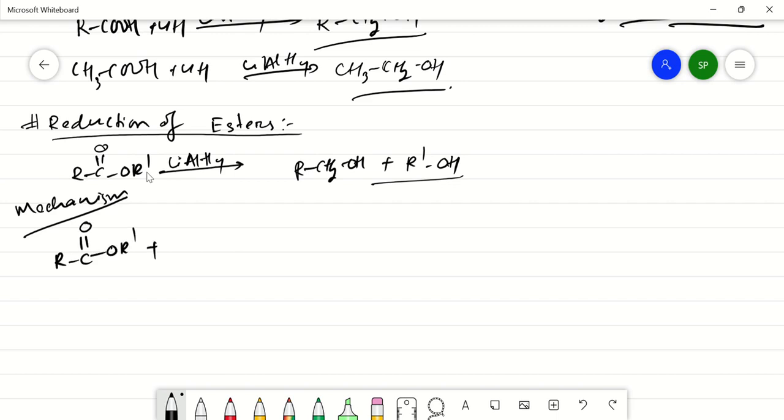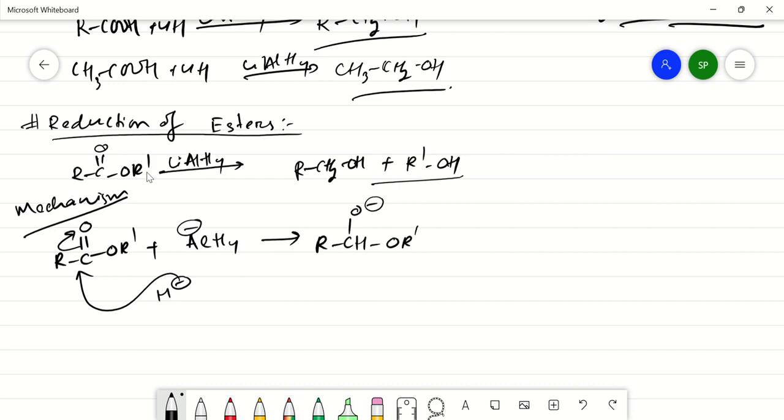RCOOR dash. In the first step, lithium aluminum hydride, AlH4 minus, there will be attack of H minus hydride on this. So there will be formation of RCH(O minus)OR dash. If there is negative charge, besides this there will be one positive ion. So this OR dash is a good leaving group.